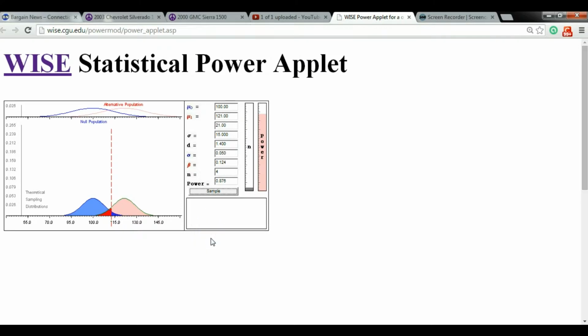Did you also see what happened to the distribution here? Watch these two distributions when I increase sample size from 4 to 10. There's 4. There's 10. What happened?